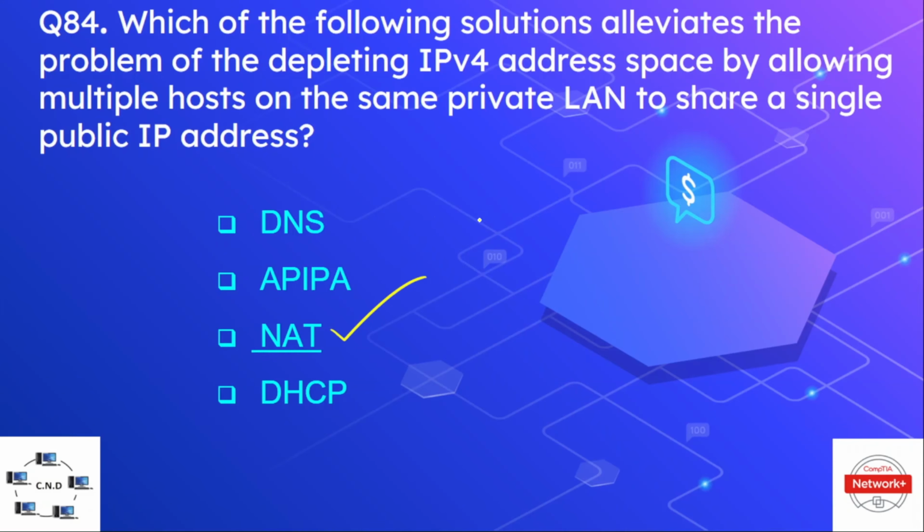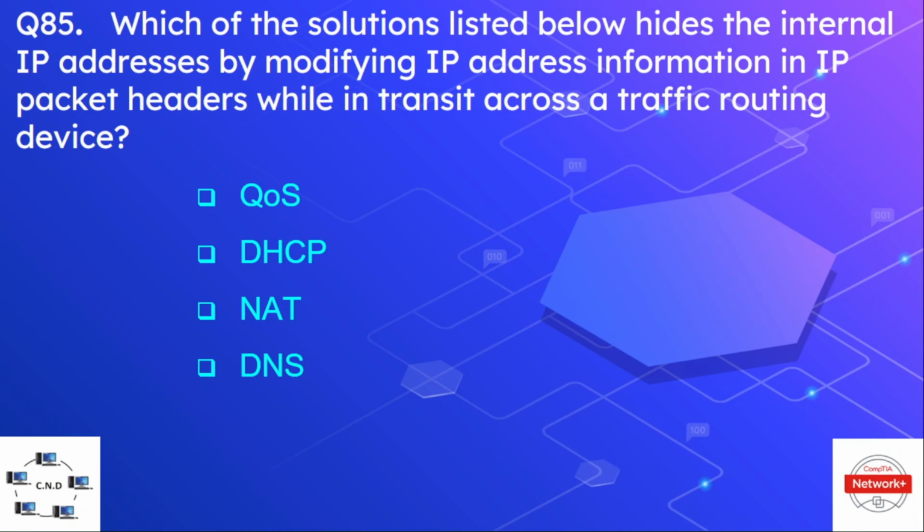So using NAT, we can have multiple devices using private IP addresses, and they can communicate over the internet using a single public IP address. This mechanism is known as NAT or Network Address Translation.